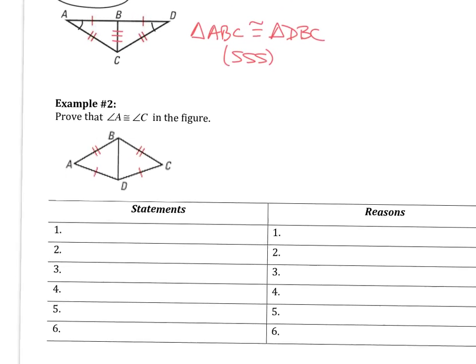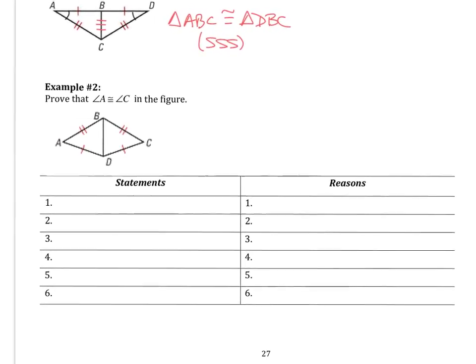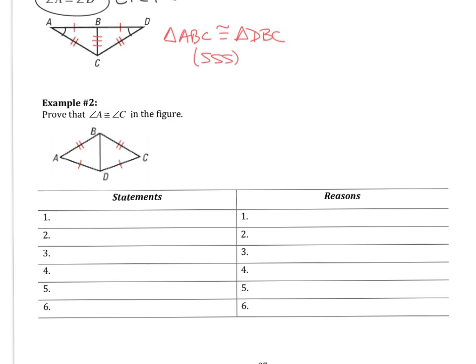All right. So we'll take a look at an example of a proof. Okay? So, concepts to think about. Number 1, in your proof, first show the triangles congruent. Okay?